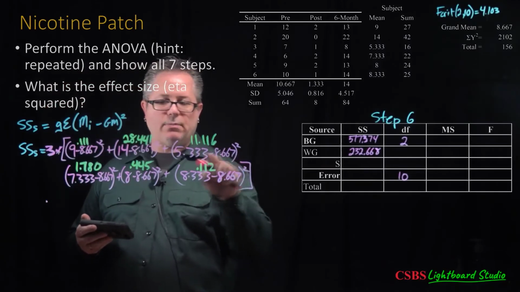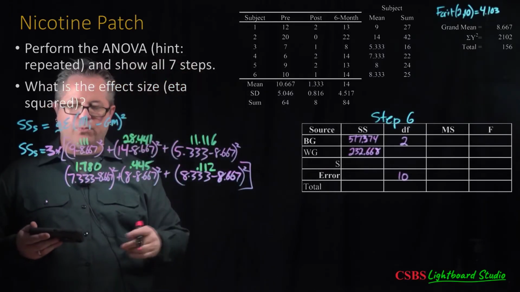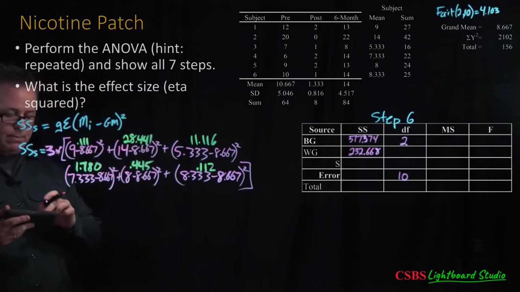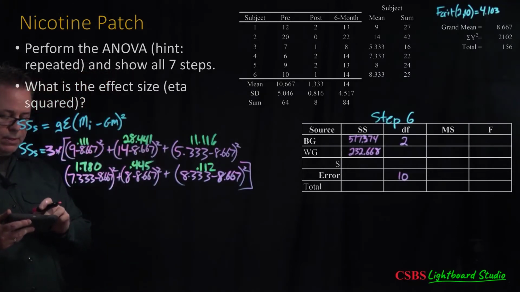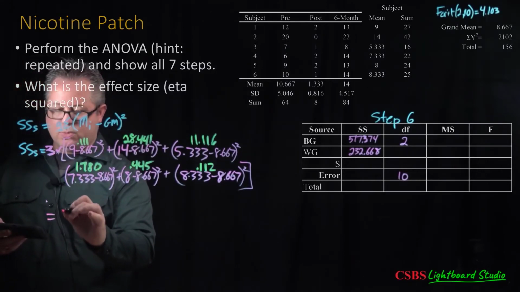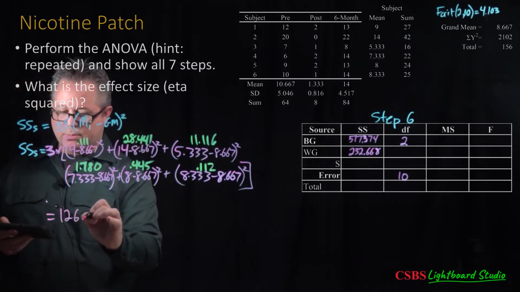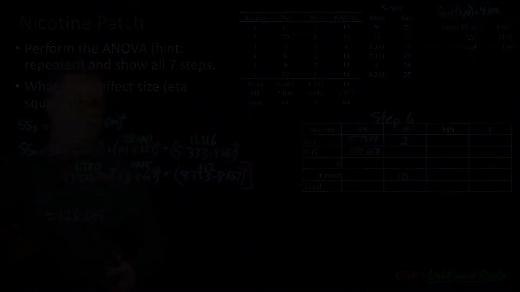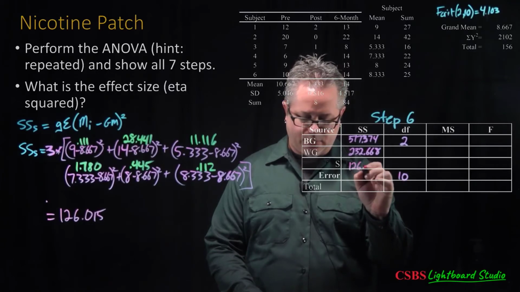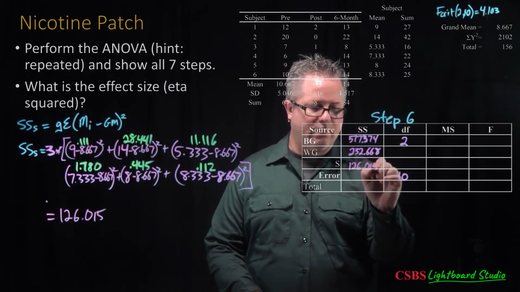So everything in the brackets equals 42.005. Okay, now I've got to multiply that by 3. 3 times 42.005 equals 126.015. Sum of squares for subject here is 126.015.